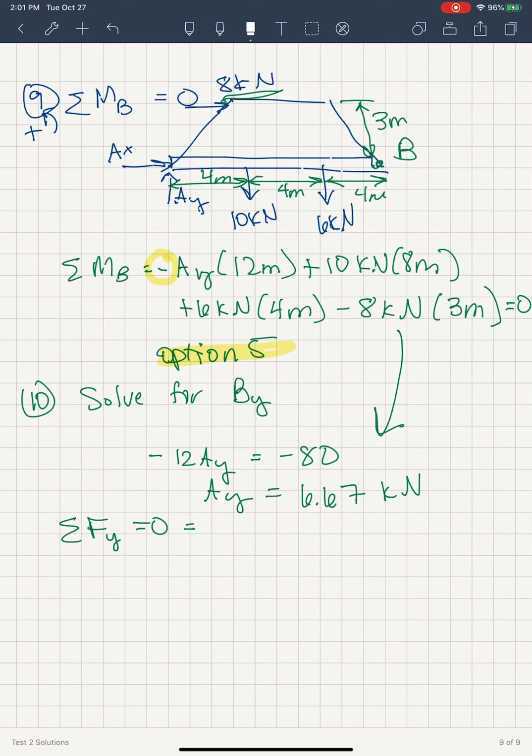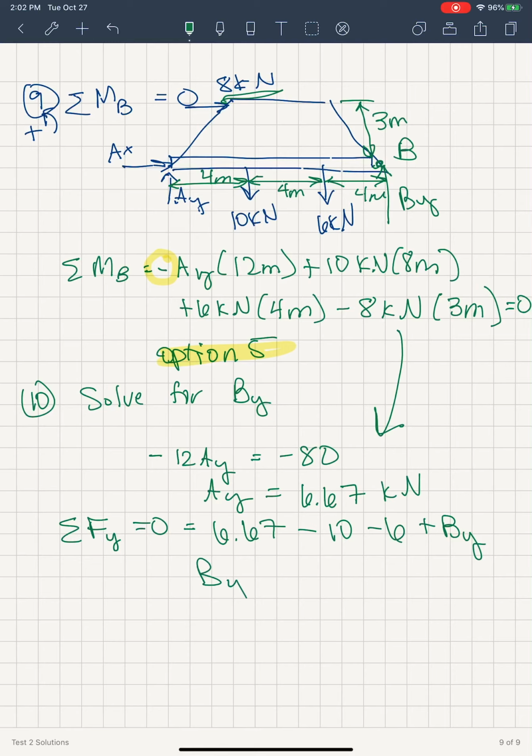that AY, which was 6.67 minus 10 minus 6, and then that 8 is just in the X component, and then plus BY. I guess we should have that drawn on here too.